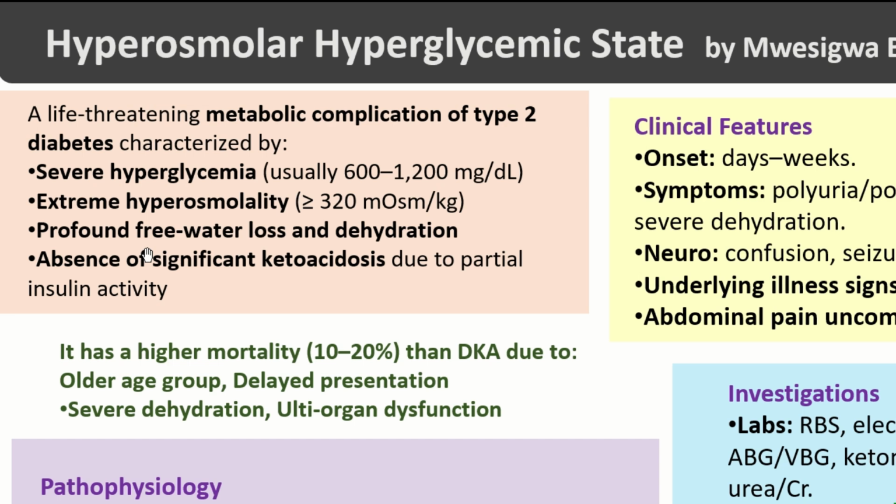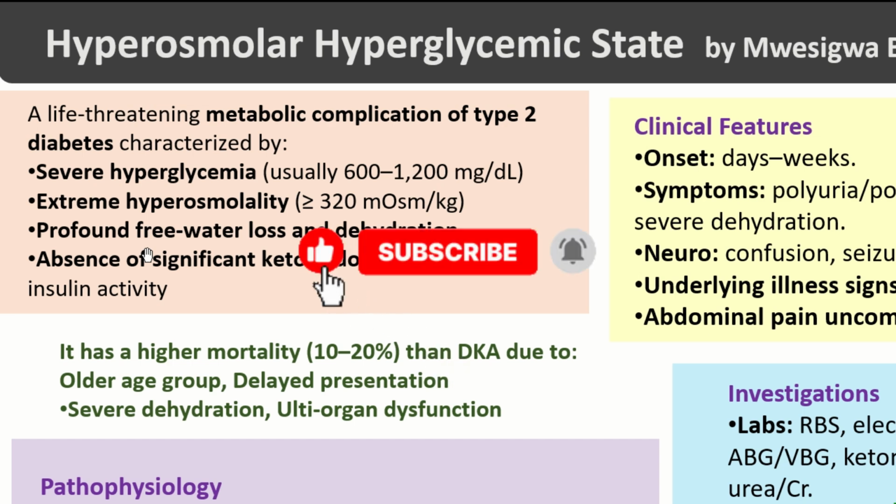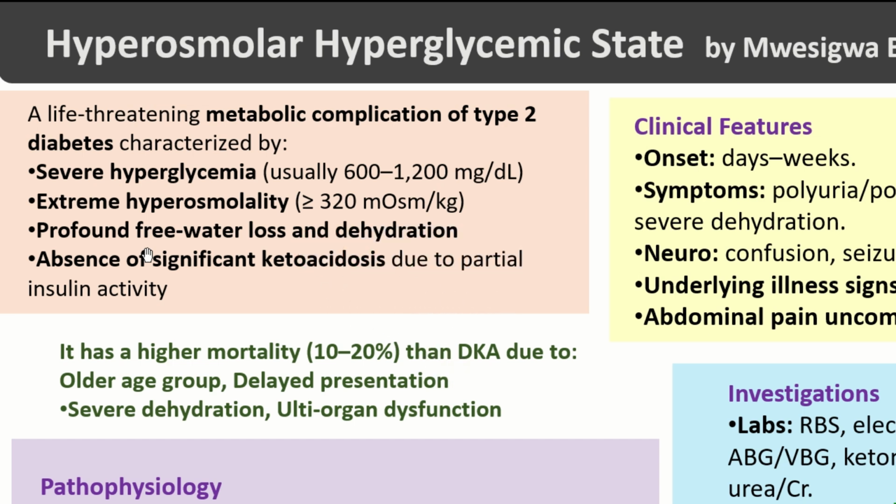So in people with diabetes mellitus, they may have a relative deficiency of insulin. And it's relative because it's not that they don't have the insulin, it's that they have decreased sensitivity to the insulin.